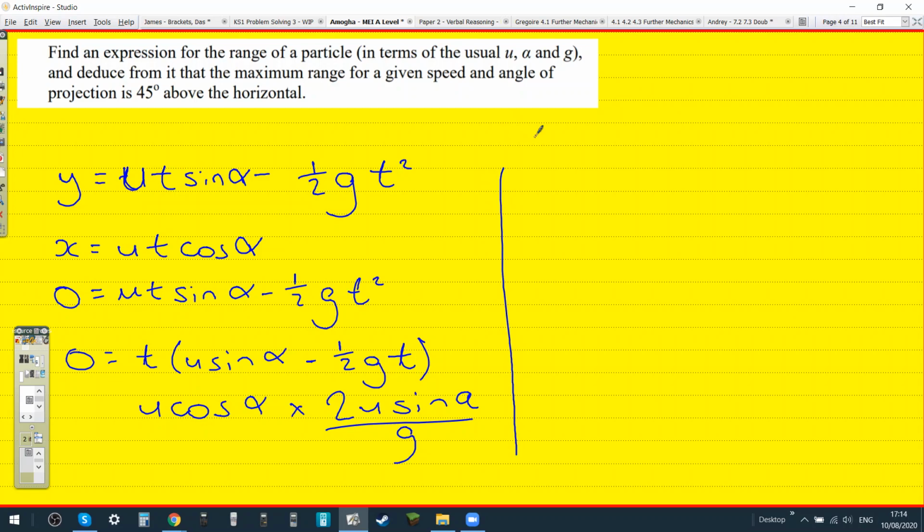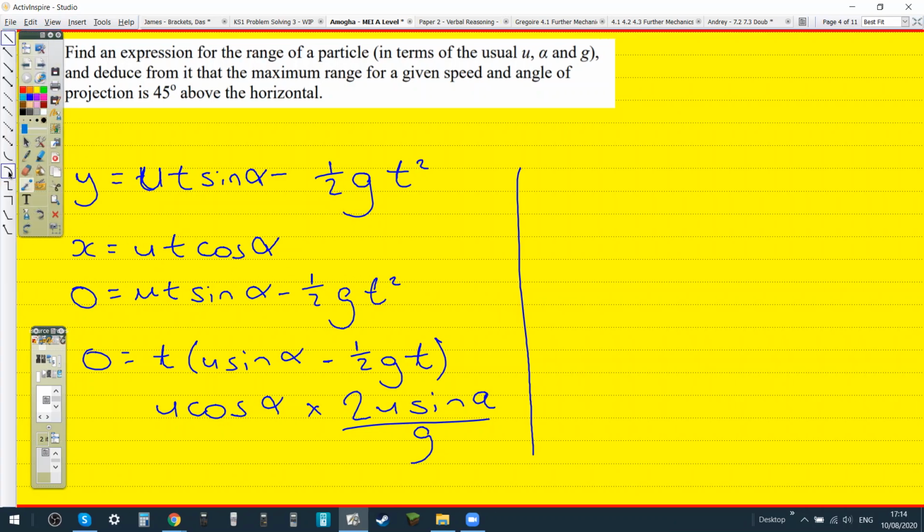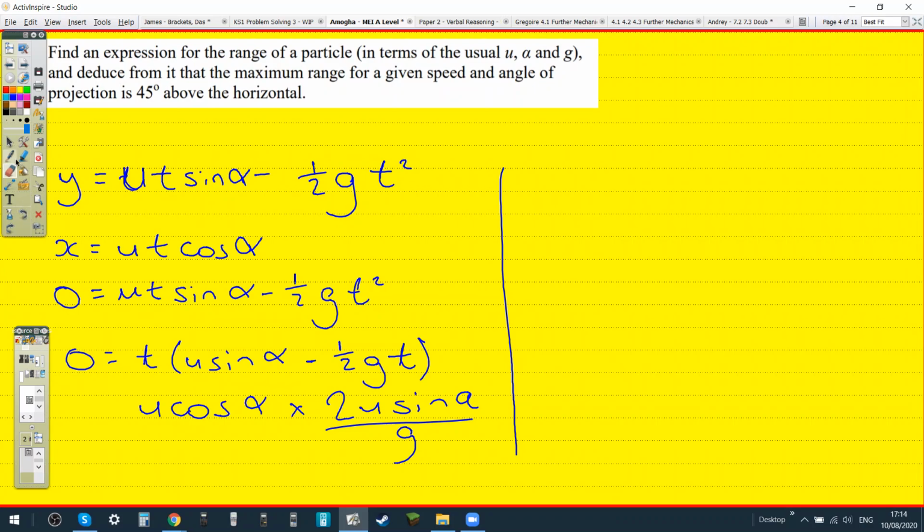Hang on a sec. So that is 2 g over g. Let's think about this.